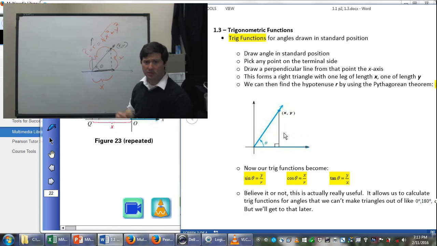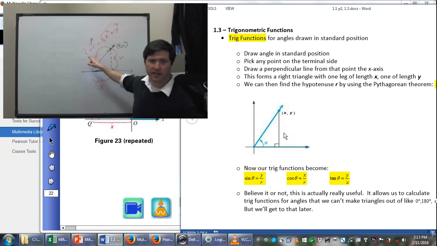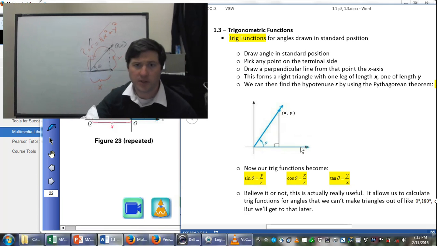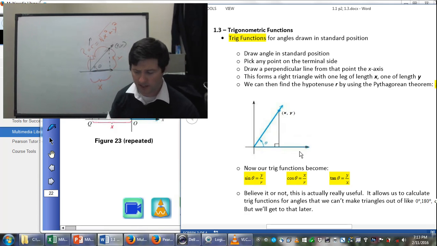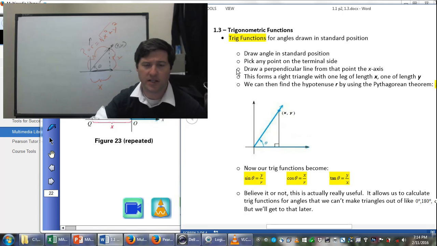How can we calculate it? Well, we're talking about this length here along the hypotenuse. How do the lengths of the legs of a right triangle relate to the hypotenuse? Let me draw that a little nicer. So that distance there, we don't know what that is.